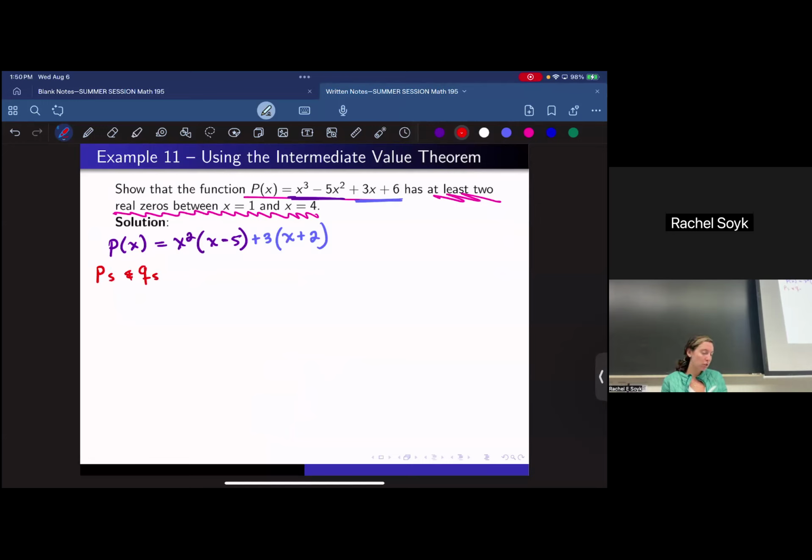which we just denote these variables. It could be whichever letters you want.